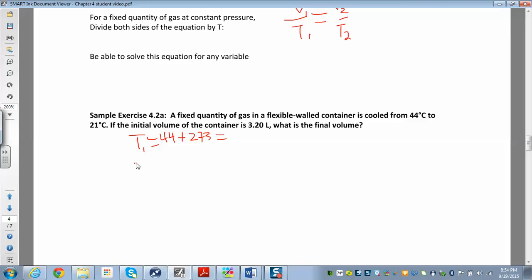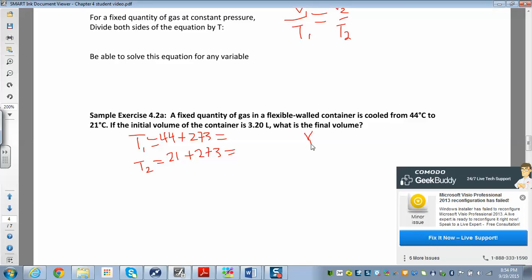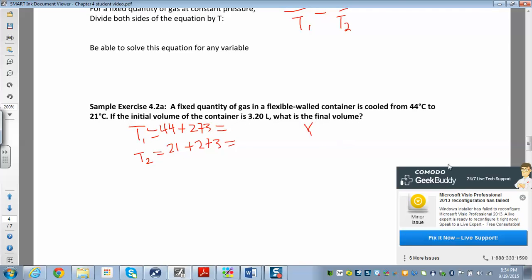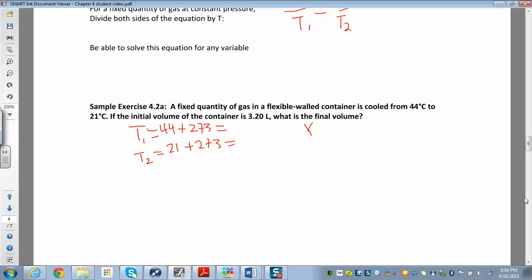And our temperature 2 is 21 degrees Celsius, but we don't like Celsius, so we're going to add 273 to get to Kelvin. If the initial volume, so volume 1, is 3.2 liters, what is volume 2? That's what we're looking for, volume 2.